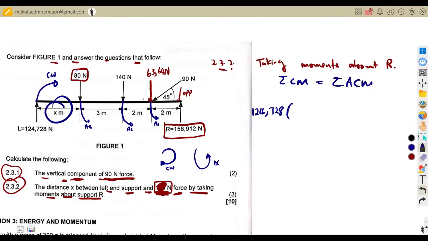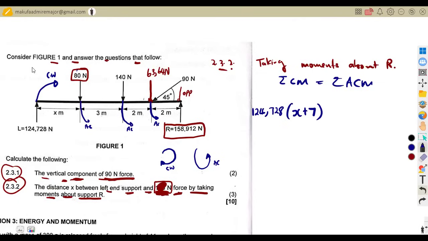That's X plus, we want the whole distance up to R. If we take this X, we remain with 3, 2 and 2. We add that: 3 plus 2 is 5, plus 2 is 7. So it's X plus 7.